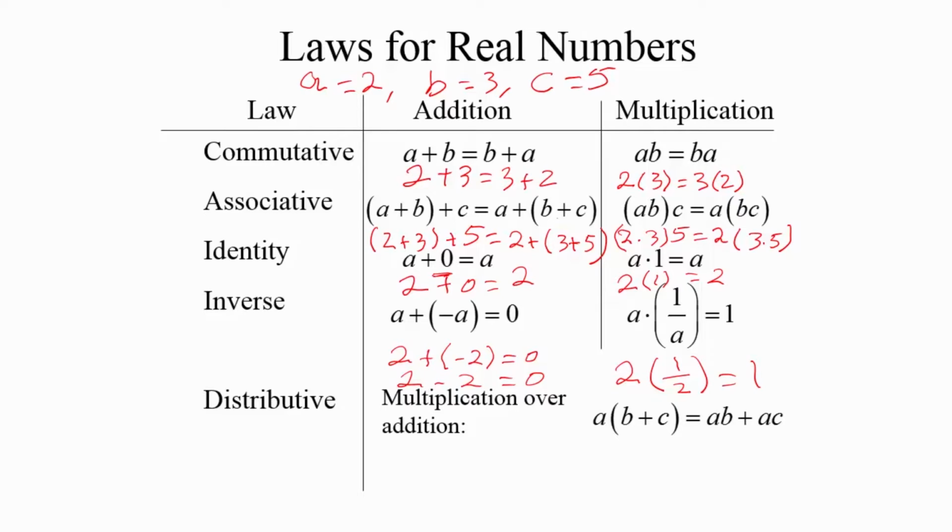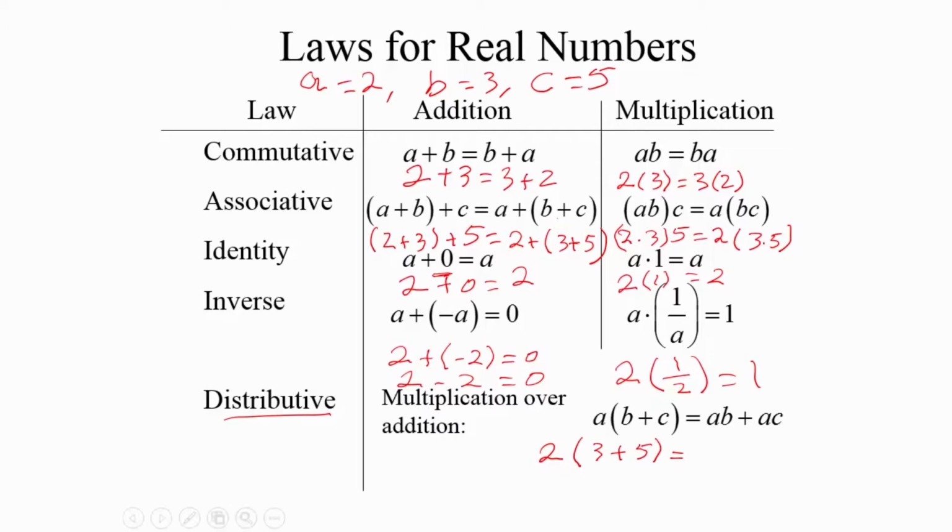Last, the distributive law of real numbers. If you have a multiplied by b plus c, which is in parentheses, that would be a multiplied by b, that's ab, and a multiplied by c, that would be ac. So again, let's use some numbers. 2 times 3 plus 5.